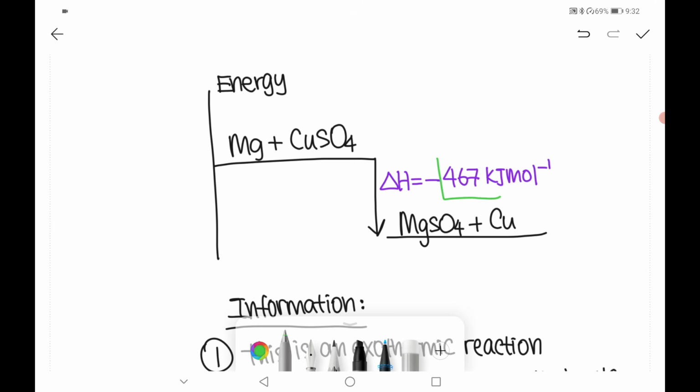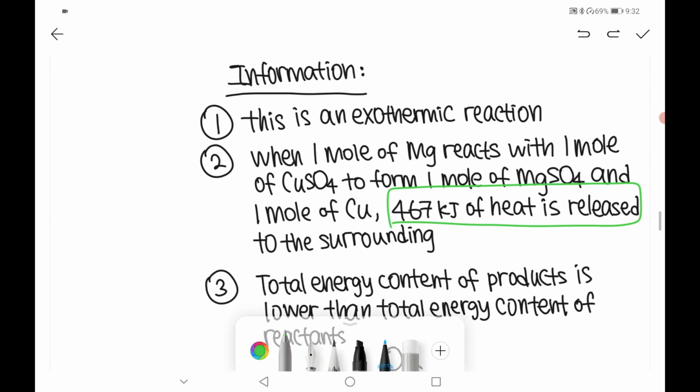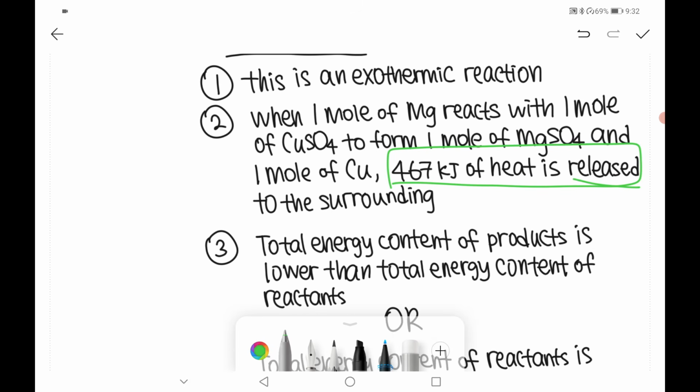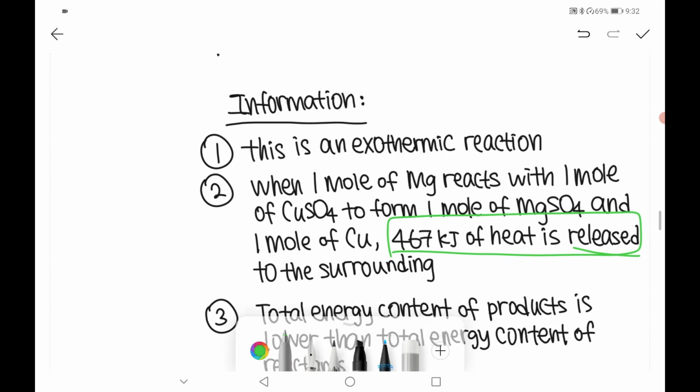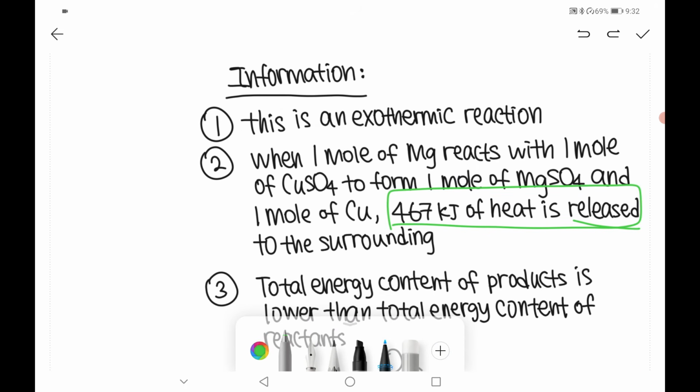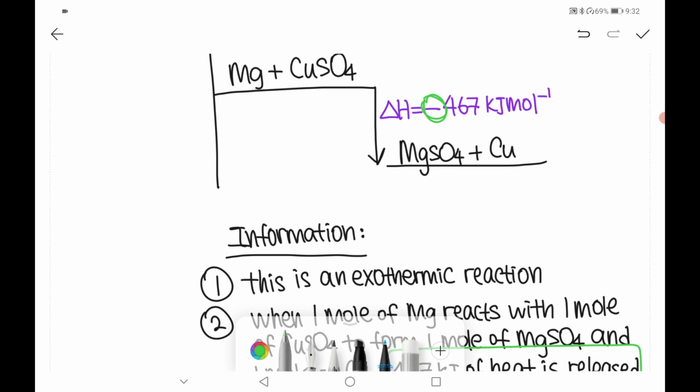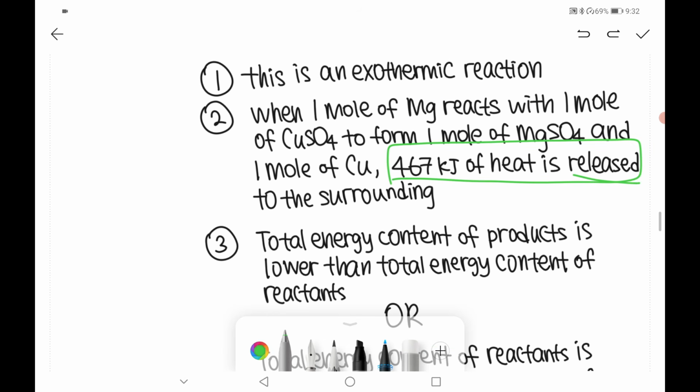When you write released energy, you don't need to put the sign in, because the sign already tells us it is released energy. So you don't need to write minus 467 kilojoule of heat is released. No need. This part is a little bit more technical.